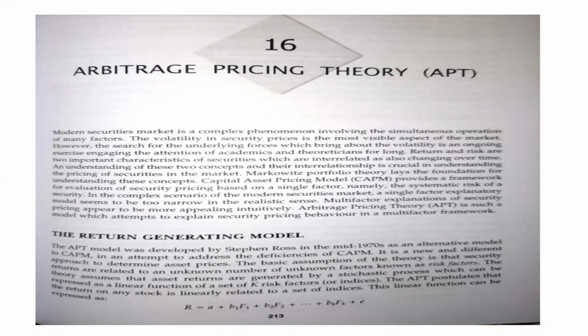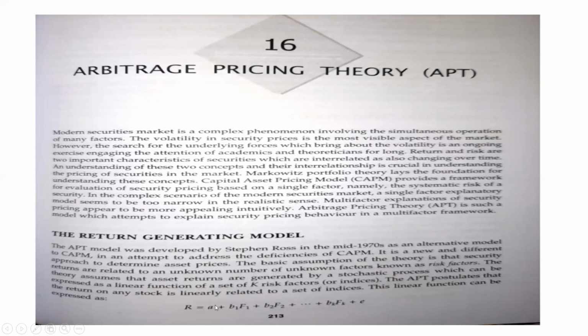So what did they do? It is almost similar to CAPM, except that they took into consideration many factors instead of just taking into consideration systematic risk. So the formula for arbitrage pricing theory is given here. That is, they will take into consideration the risk-free rate of return. What is the risk-free rate of return?